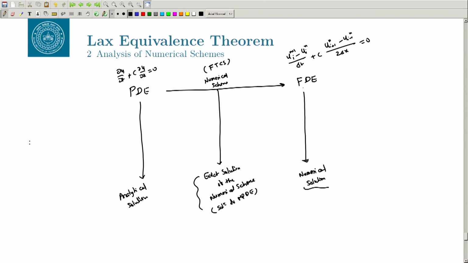This numerical solution is different from the exact solution of the numerical scheme. So, this is your discretized equation, the finite difference equation, or your numerical scheme, and this is a PDE. Why? Because you can have the round off error in between, because of the system precision. Plus, when we are talking about the MPDE, we are ignoring some of the higher order terms, which are still present in your error.